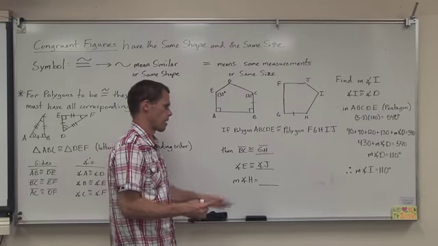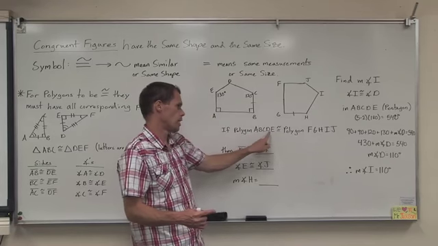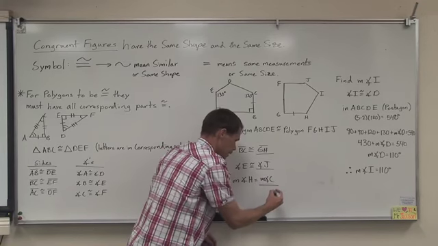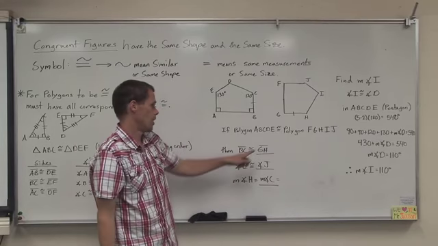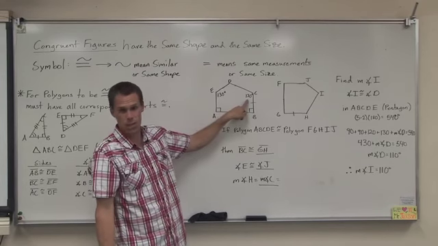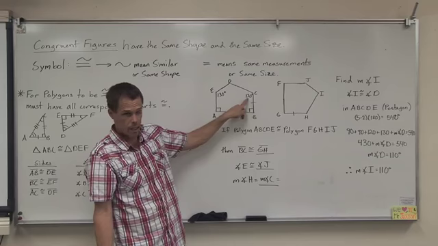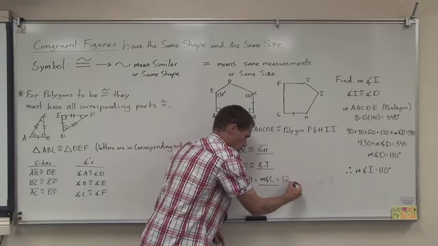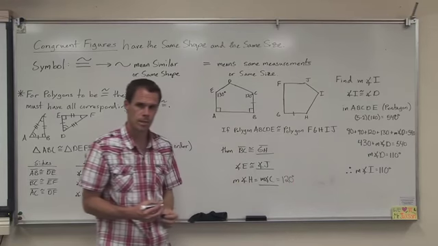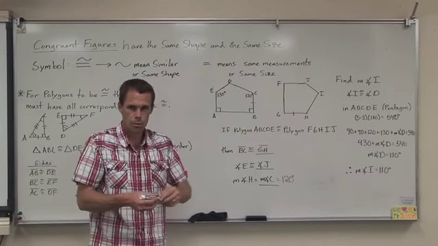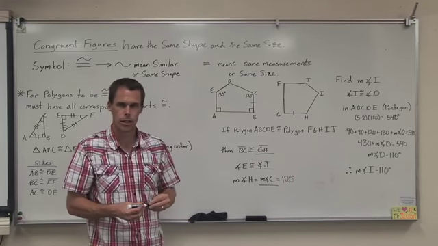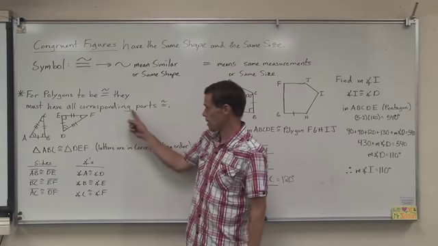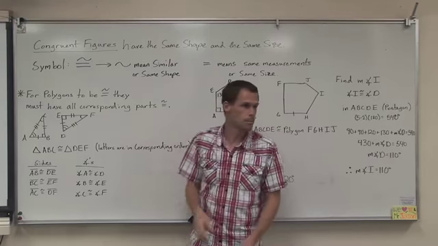I could say that the measure of angle H is equal to the measure of angle C, but I happen to know that the measure of angle C is 120. That means the measure of angle H is 120 degrees. That's what congruent polygons do for us. If we know two polygons are congruent, then all corresponding parts have to be congruent.